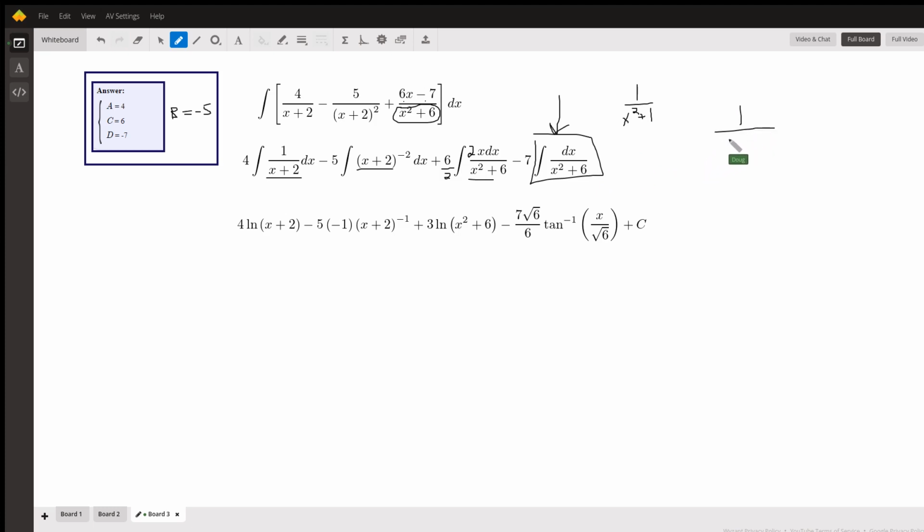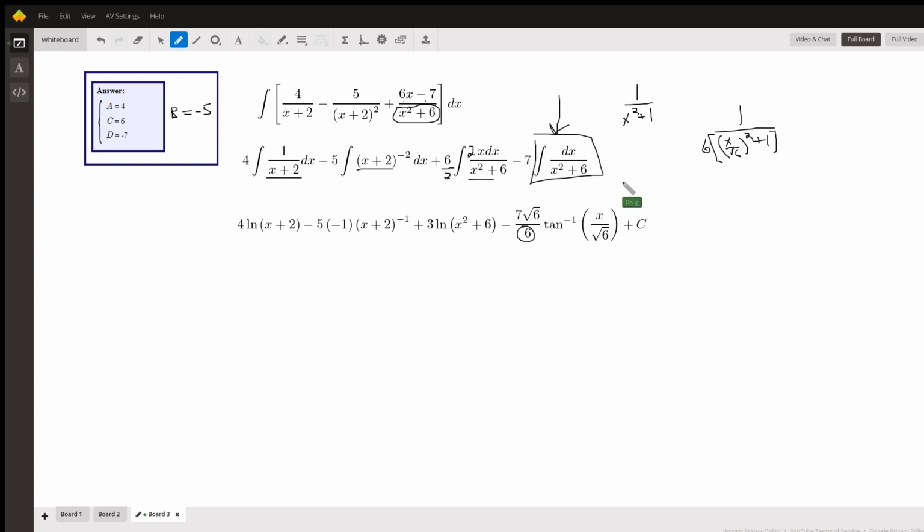But in the end, you want to do something like this: x over the square root of 6, the quantity squared, plus 1. If you picture a 6 out here, square this and distribute the 6, you'll end up with x squared plus 6. Okay, so that's where this 6 came from out here.